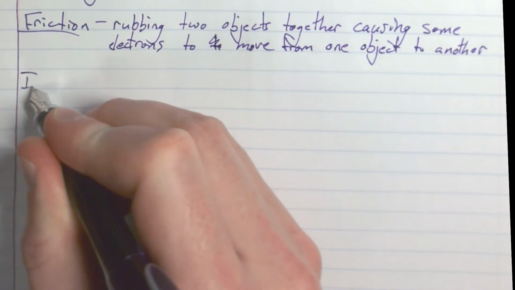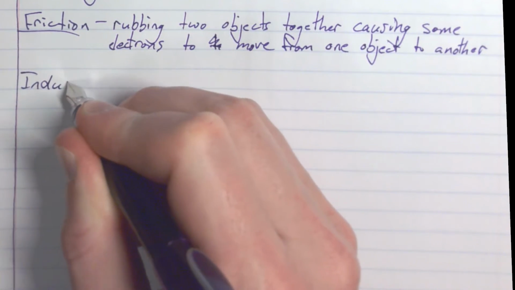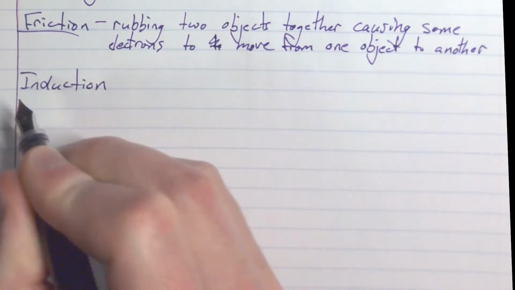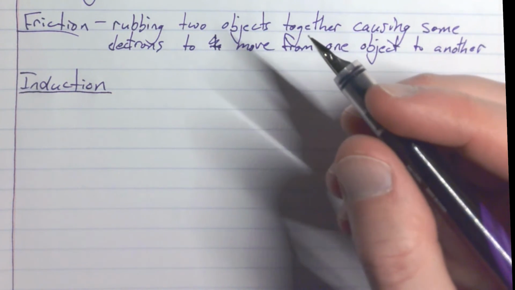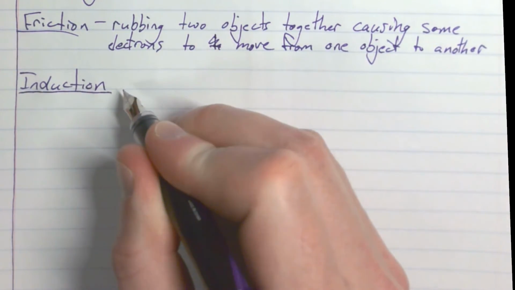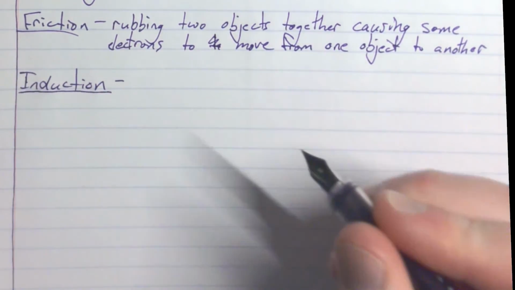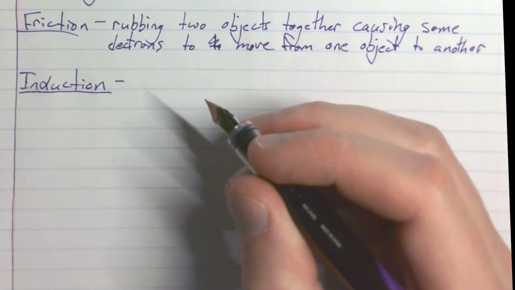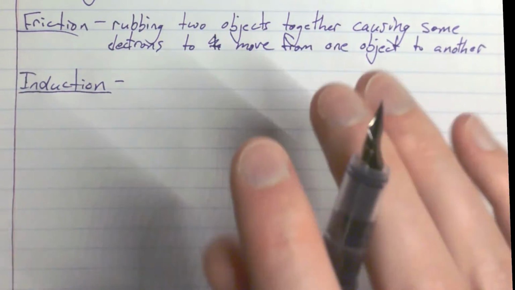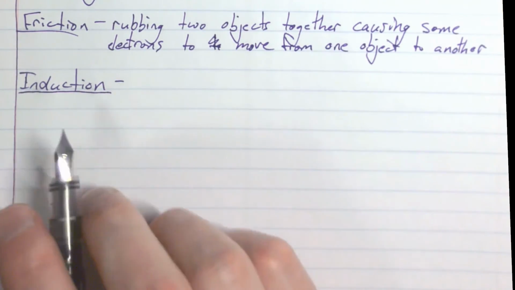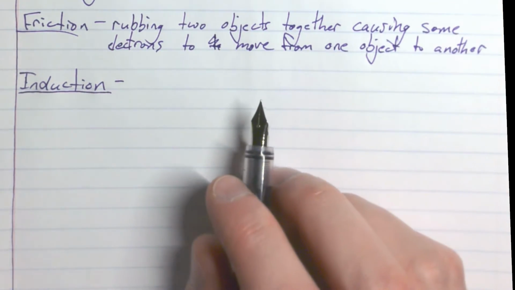Our next one is induction, which is kind of tricky, honestly. So we saw on Bill Nye that they had a balloon, and by putting the balloon on the wall, it actually sticks to the wall by induction.